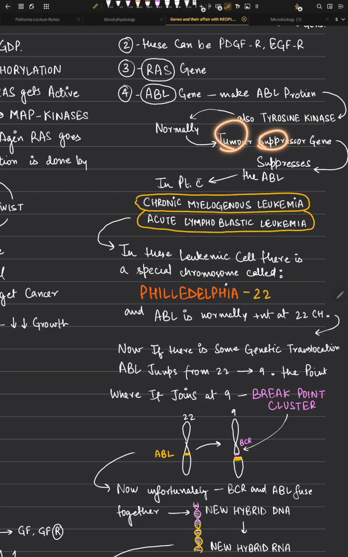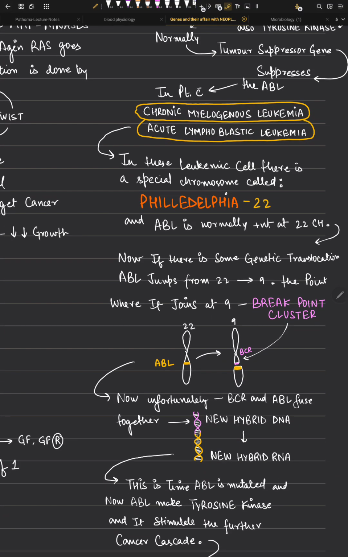In patients with chronic myelogenous leukemia and acute lymphoblastic leukemia, these leukemic cells have a special chromosome called Philadelphia 22. Now this ABL is normally present on chromosome number 22, right? This chromosome number 22 is named Philadelphia. So this ABL is present on that chromosome.